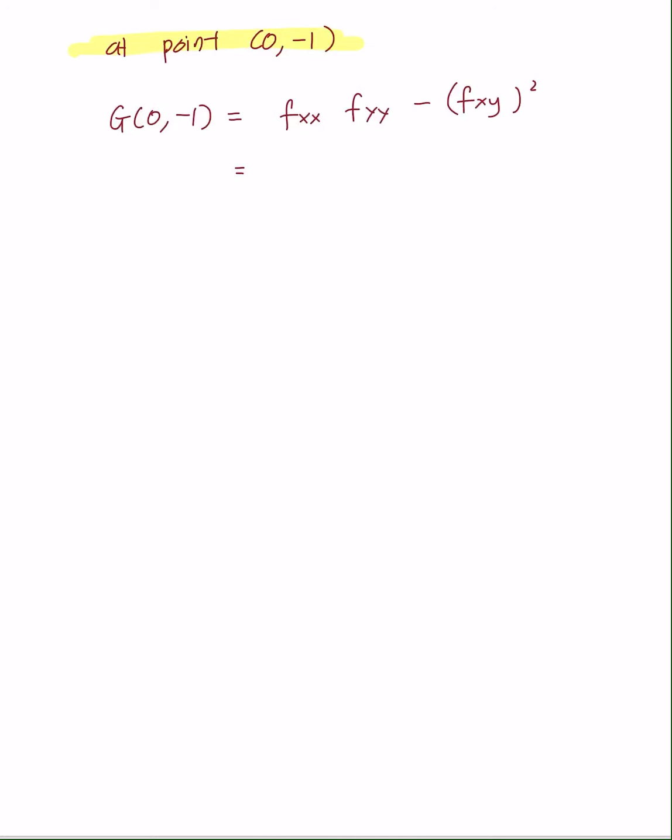We already have fxx as minus 2, fyy is 2y, and fxy is 0. So we get minus 4y, and substituting y as minus 1, we get 4. In this case, G(a, b) is greater than 0, so we need to check fxx. fxx is minus 2, which is less than 0.